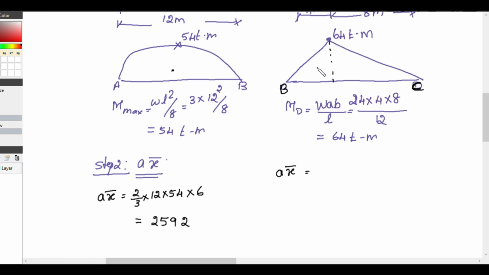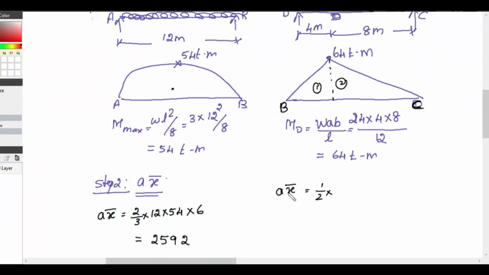We will divide this into two portions. This is 1 and 2, and we have to measure it from C. So we get, for the first portion, half into base. Base is 4, half into base into height is 64, multiplied by 8 plus 1 by 3 of 4, plus, for the second portion, half into base into height into this distance.